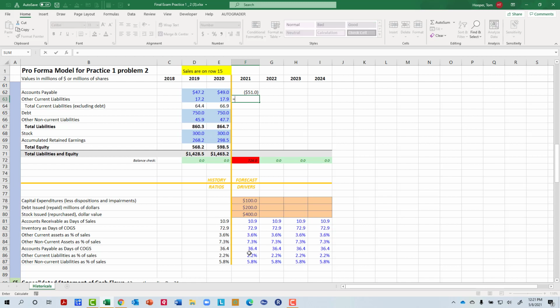Other current liabilities as a percent of sales, so that's F15. Subtotal those. Debt is whatever it was before, plus however much we issued. And then other non-current liabilities, better get the right ratio. That was a percent of sales, so F15.